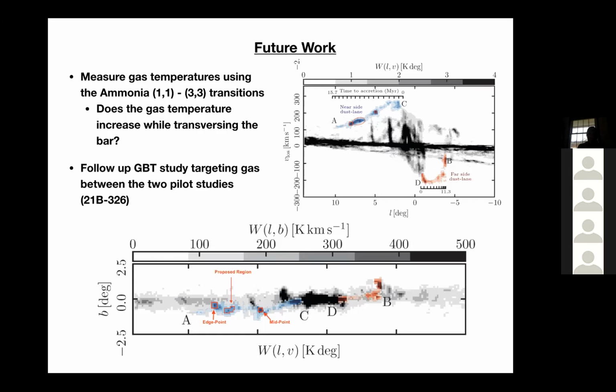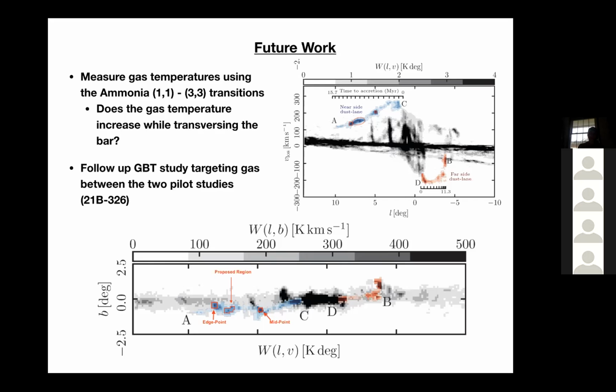We also recently proposed for some additional regions in the galactic bar dust lane. Those are identified in the bottom figure. We requested 90 hours from this past February proposal call for the GBT to determine if there is ammonia gas in this region of the galactic bar as well, and does it show similar line widths to what we observe at the midpoint or the edge point, or is it in between?